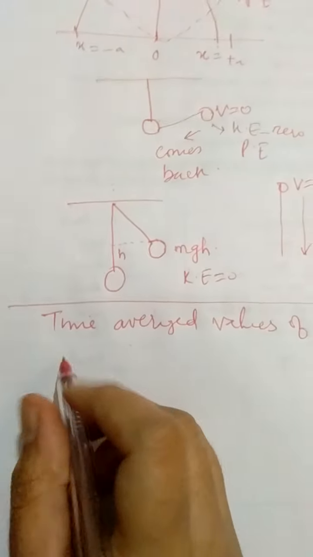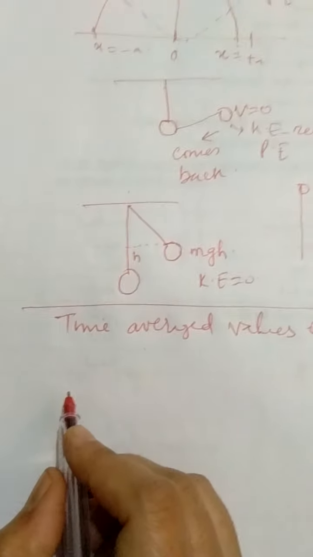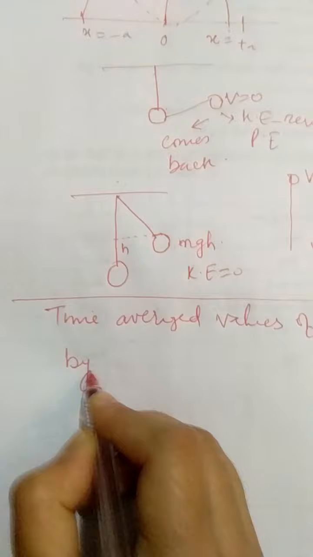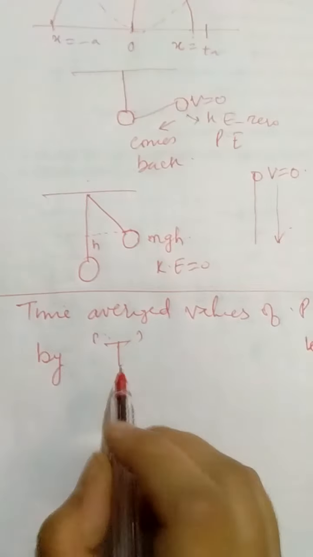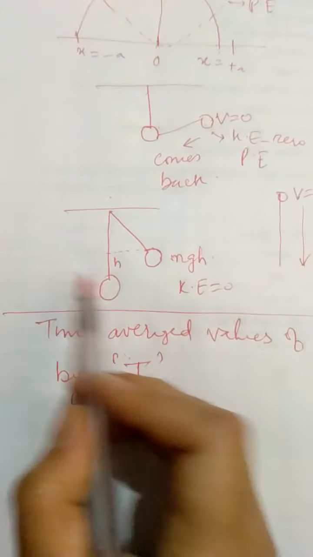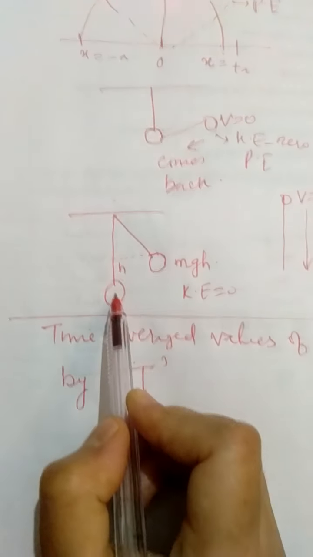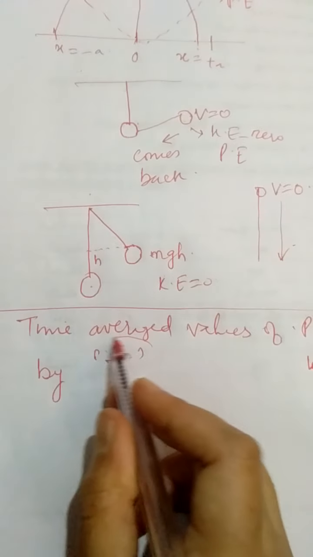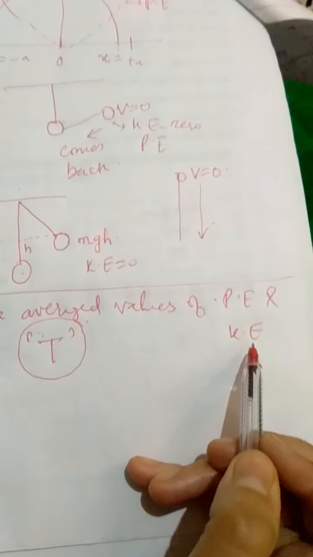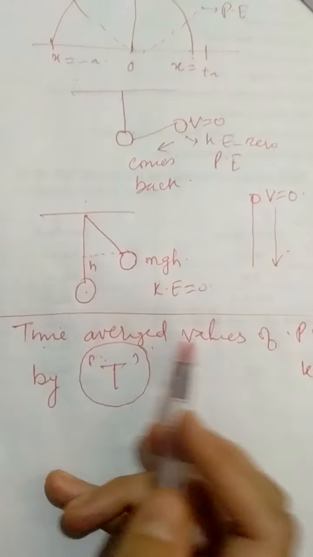We know that if we find the value of potential energy and kinetic energy over one complete cycle of oscillation, that is, we divide that energy by the time period T. And you know the time period T is the time taken by the pendulum to complete one full oscillation from mean position to extreme position to another extreme position back to mean position, right? So that is called the time period. And if you find the average values of potential energy and kinetic energy with respect to this time, we say that those are called time averaged values.